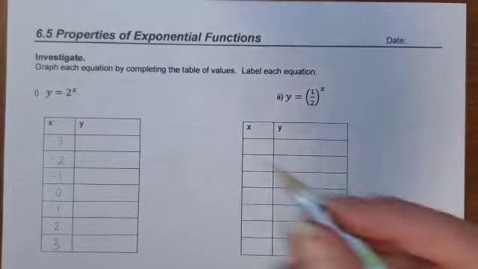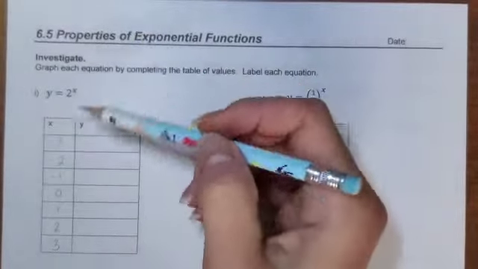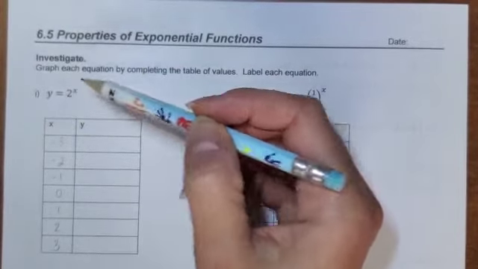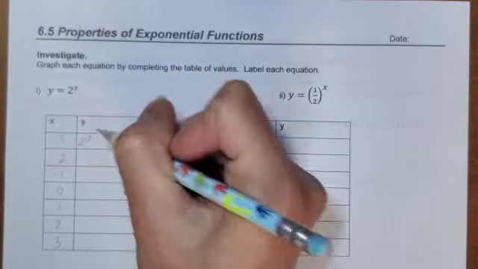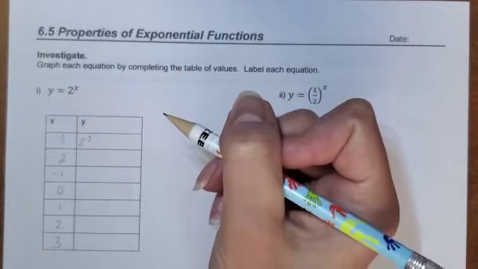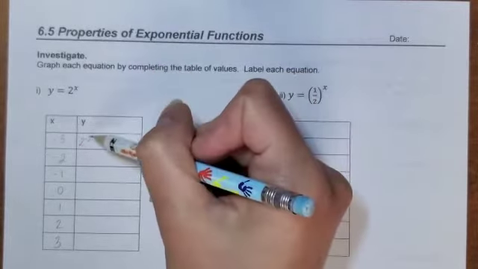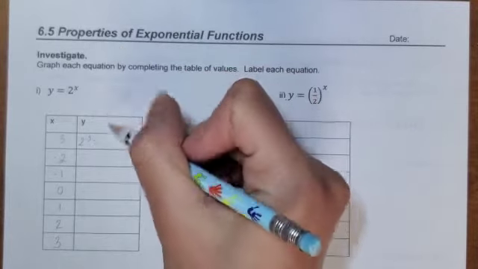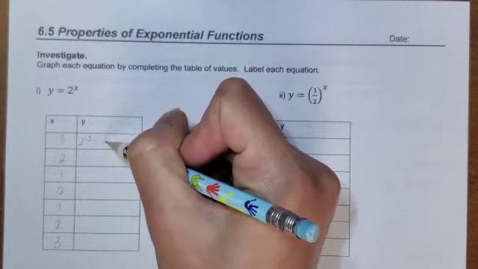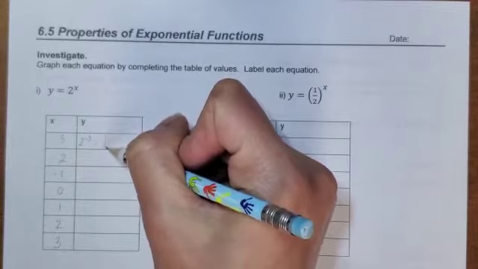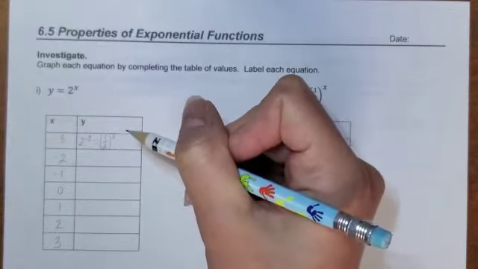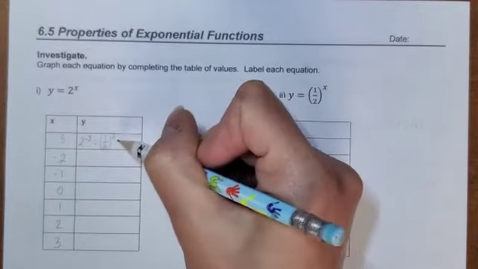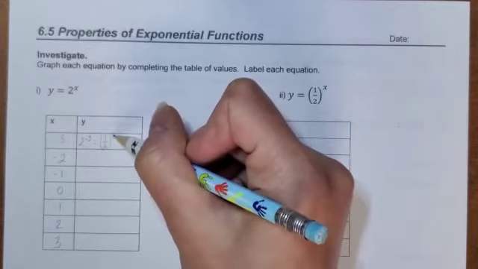Now to determine our y values, we're going to substitute our x values in for our exponent. So 2 to the exponent -3. Recall working with negative exponents. We can flip our base, and we now have a positive exponent. 1 to the exponent 3 is just 1.